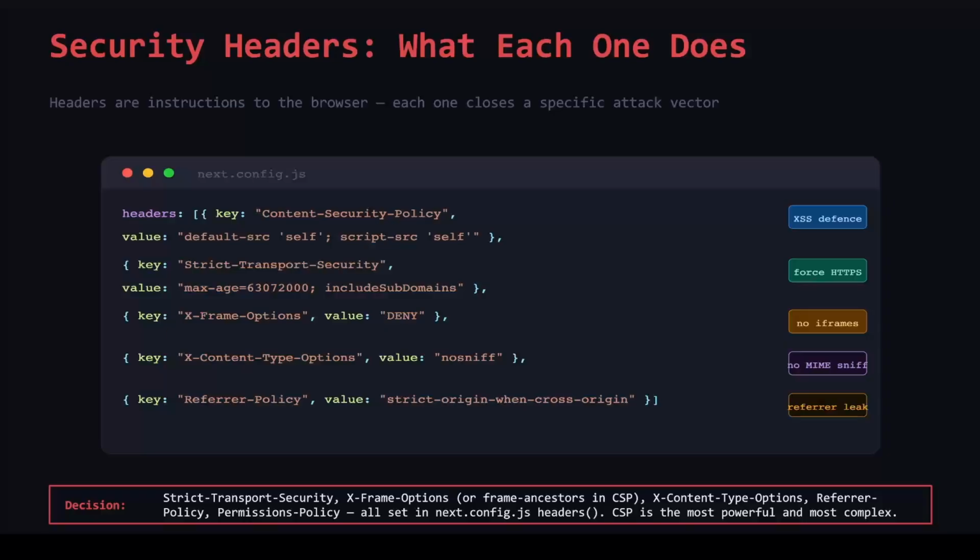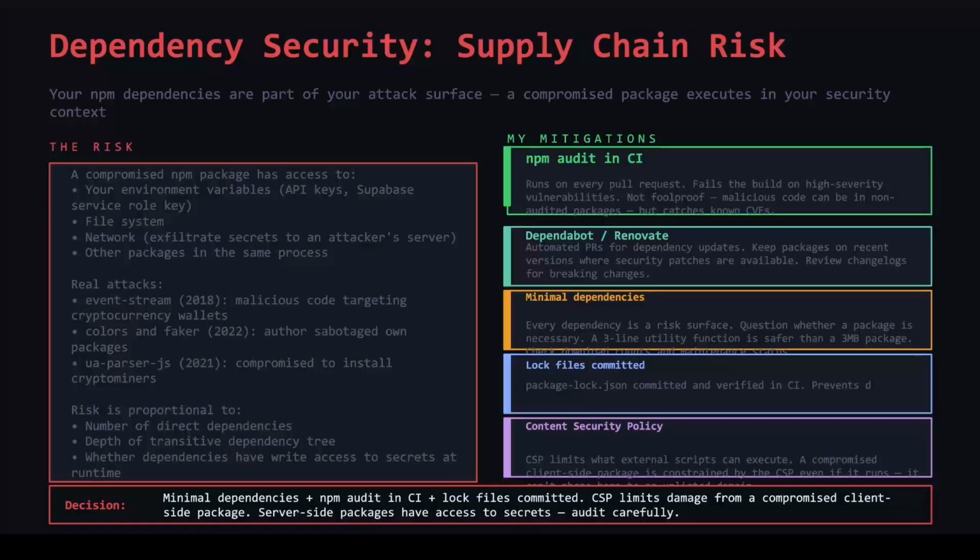Permissions-Policy limits which browser APIs your page can access. Disabling camera, microphone, and geolocation by default reduces the attack surface if cross-site scripting occurs. These are all set in your next.config.js in the headers function. One configuration location applied to every response.